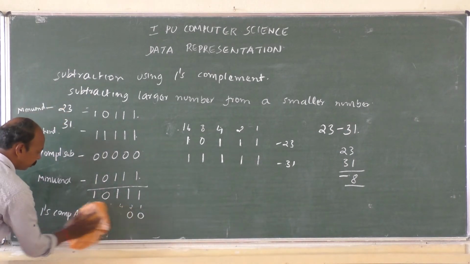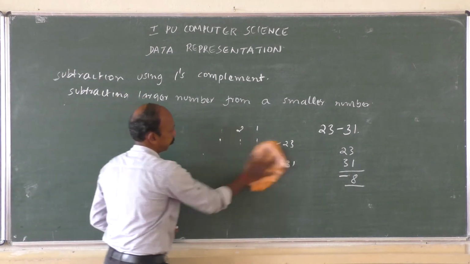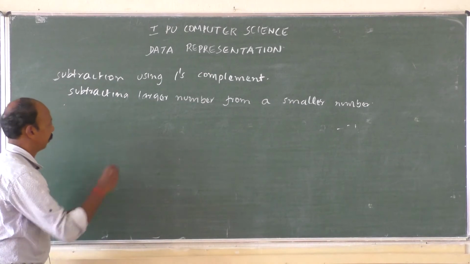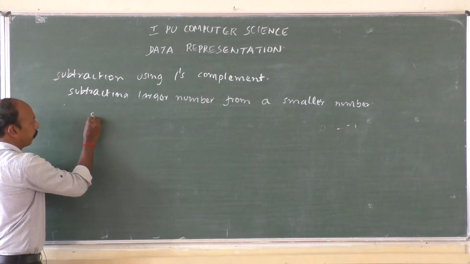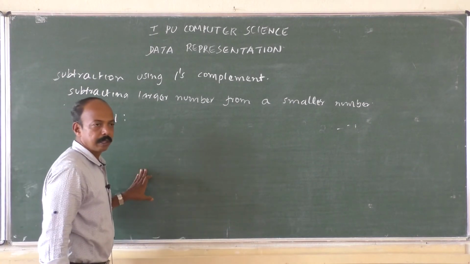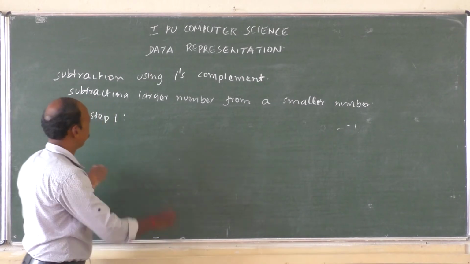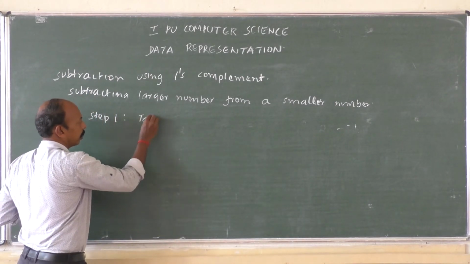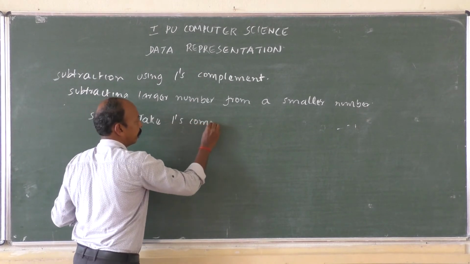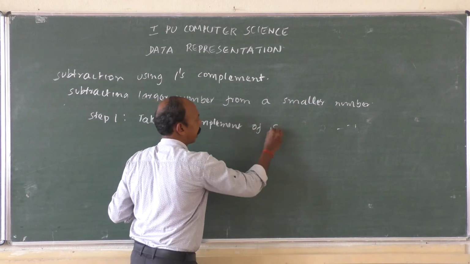Summarizing all these things together, how can we write? Step 1. First, of course, before this we have to write both the numbers in binary. Take ones complement of subtrahend.